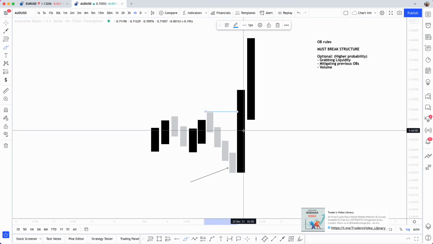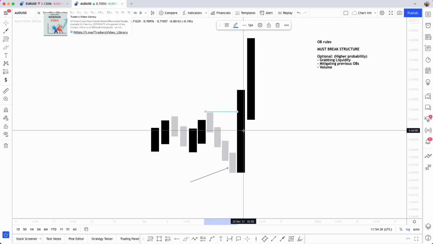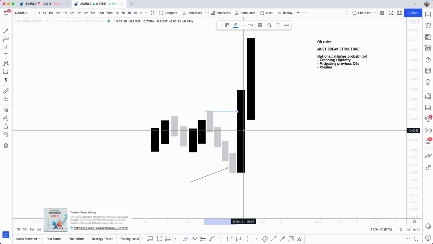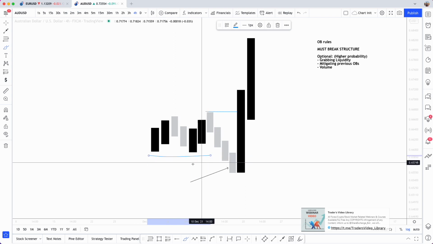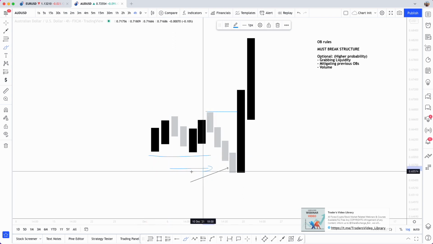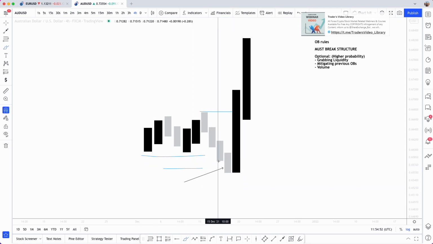We have other optional extras. However, these are what increase your probability when we're looking to trade. One of them is grabbing liquidity. For example, we have this support level here, so it's grabbed liquidity here. That is a confluence in its own right.